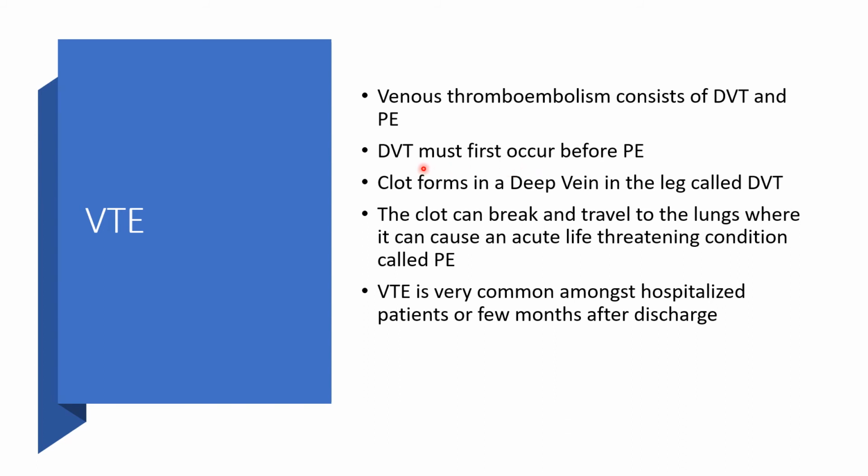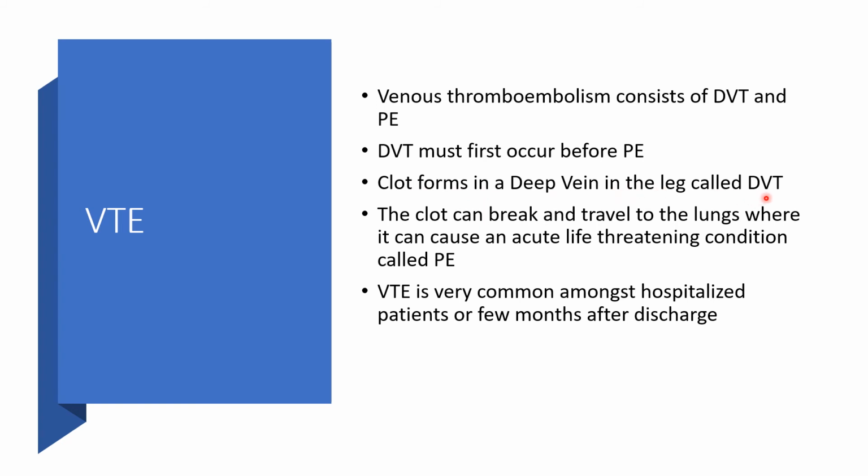So I'm going to dedicate the remaining period of this presentation to go over venous thromboembolism risk factors. DVT must first occur before pulmonary embolism in venous thromboembolism. The clot forms in the deep vein in the leg.